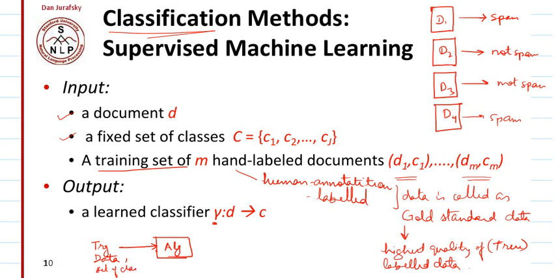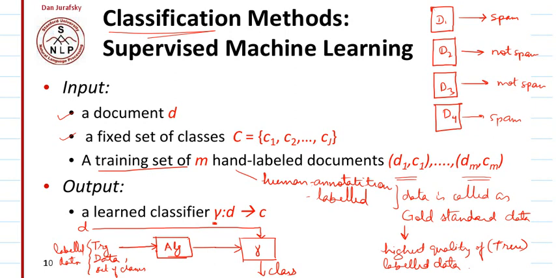So collectively, this is the labeled data. So this actually produces a classifier gamma, right? And then we give this input document D to this classifier gamma, and this produces the class.